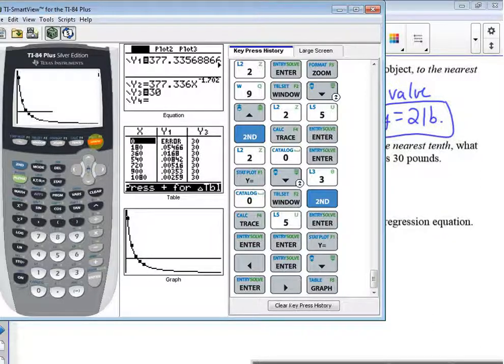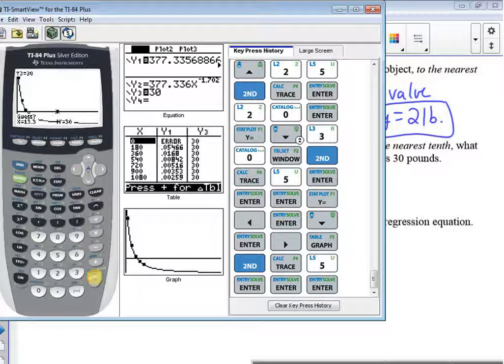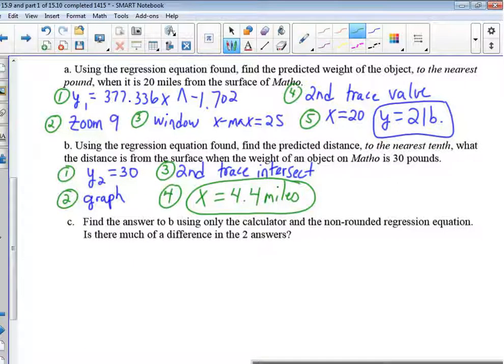So we'll do second trace, intersect, enter, enter, enter. And this is 4.4 also, so not much of a difference. Sometimes there is, and so it does make a difference depending on the problem.